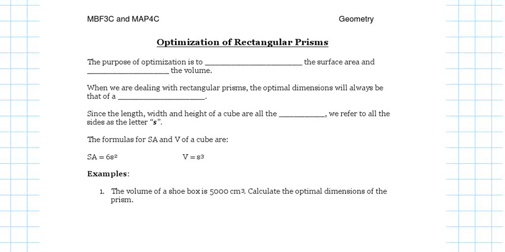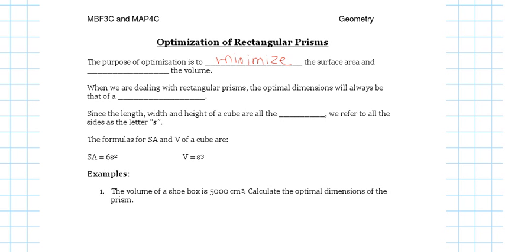Okay? So when we're optimizing, we are minimizing. So the optimization is to minimize the surface area and maximize the volume. Okay?